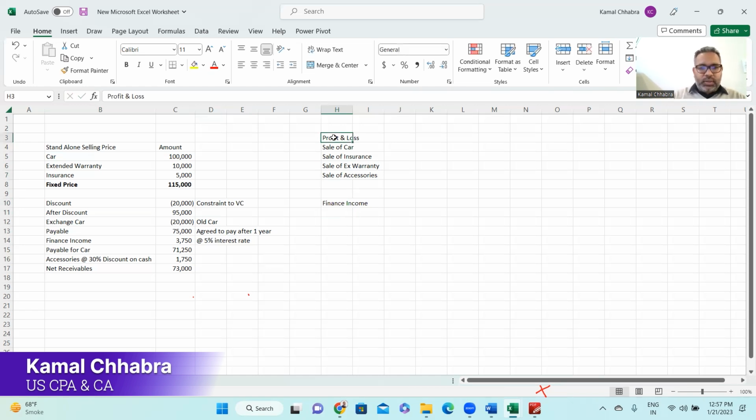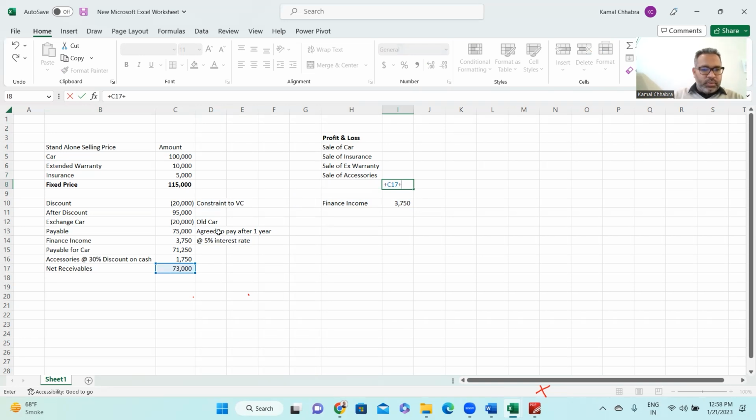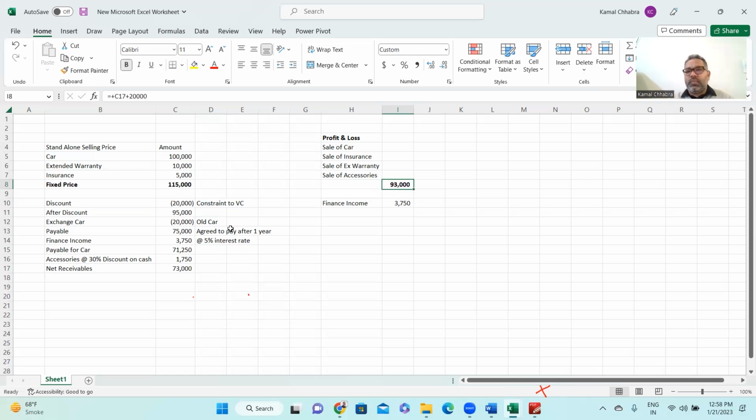So in your profit and loss account, these would all be separate line items. So this 3,750 will go into finance income. And this total will be 73,000 plus 20,000 exchange. Make sense, Prashant? Yes, sir. So that's how you will be doing the calculation.